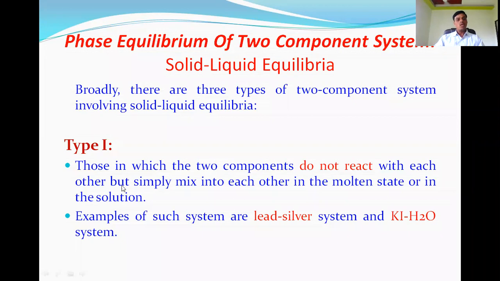Number one type is the solid liquid equilibria in which the two components do not react. This is very important. The two components do not react with each other, but when they are mixed together in their molten state, they form a homogeneous mixture, meaning they are miscible with each other.